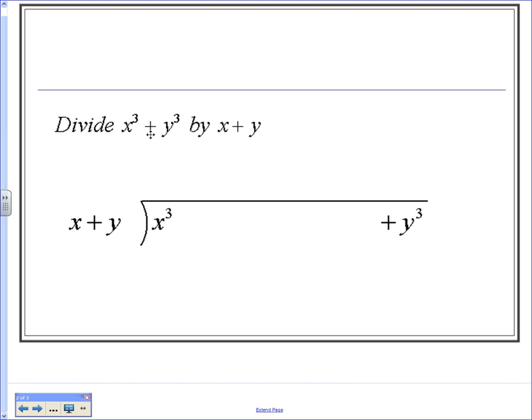X times what would give us x cubed? X squared. So x squared times x is x cubed, and then plus x squared times y, which is x squared y. You got to multiply it to each term.